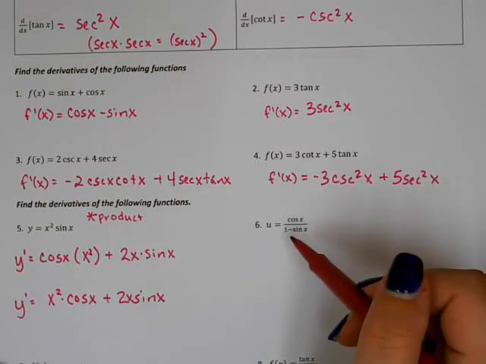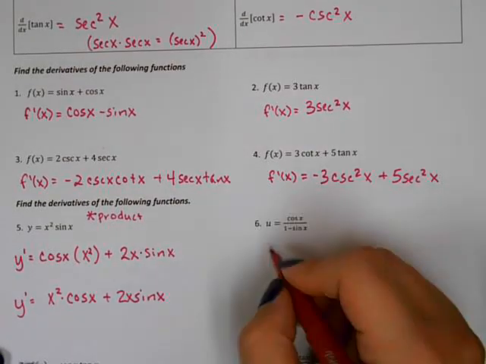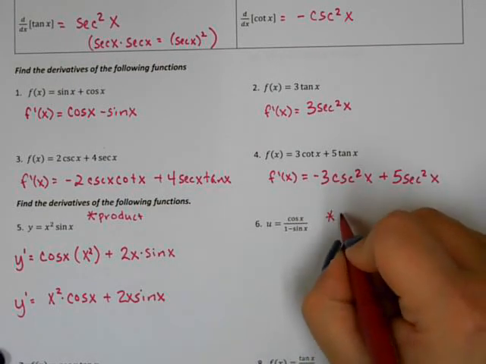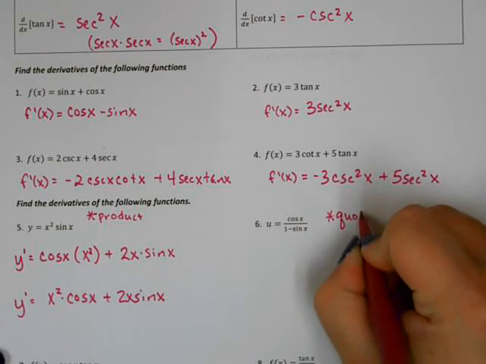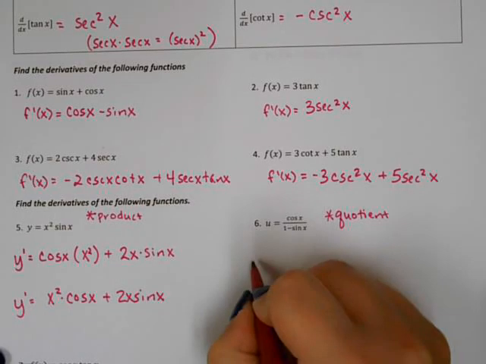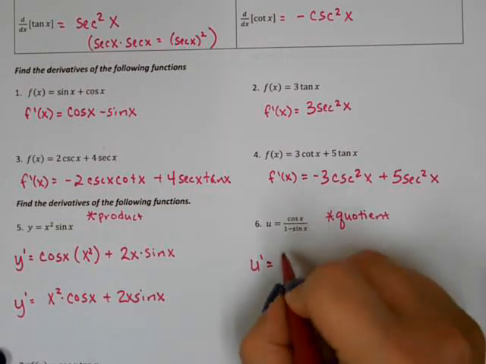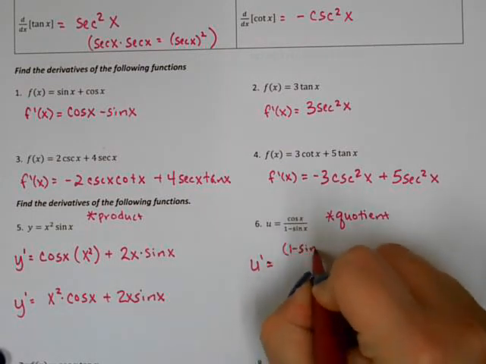For number 6, we've got some quotient rule going on. So we know quotient rule is the low d high minus high d low all over low squared. So u prime is equal to, the low is 1 minus sine x.